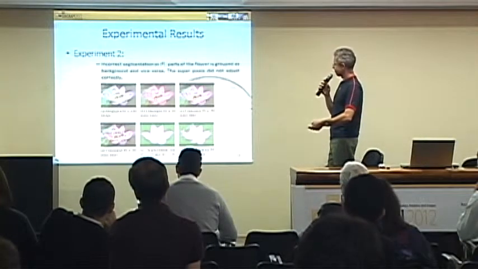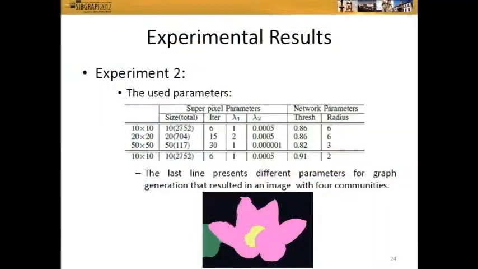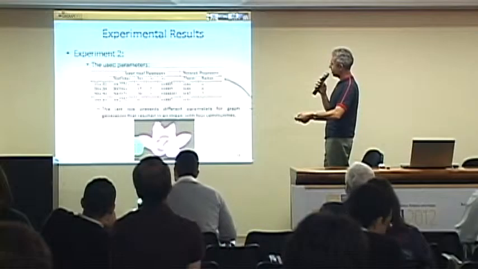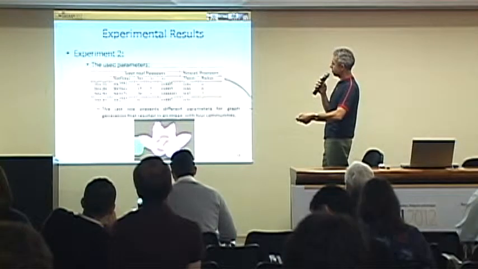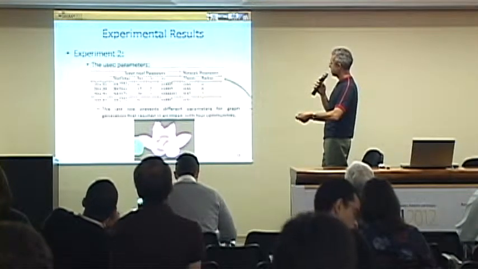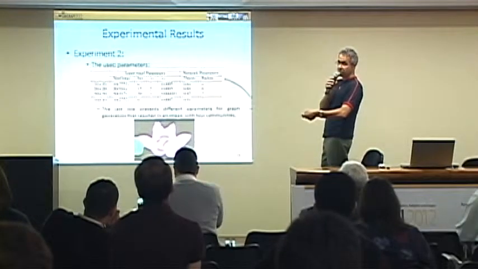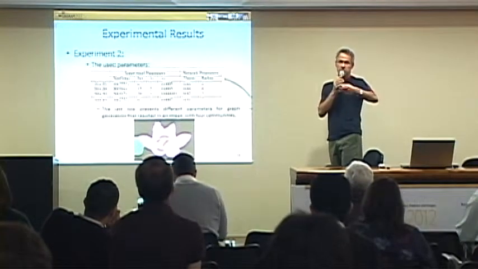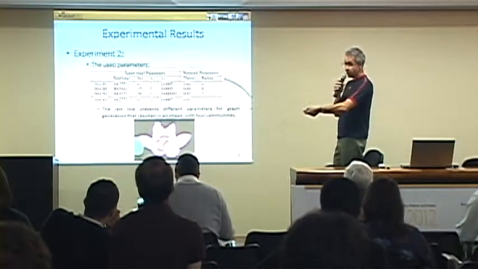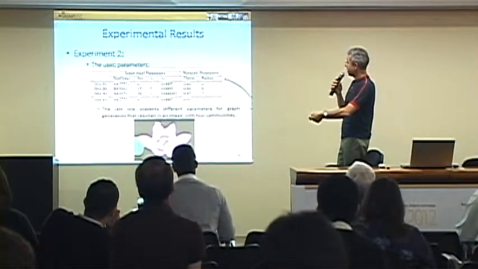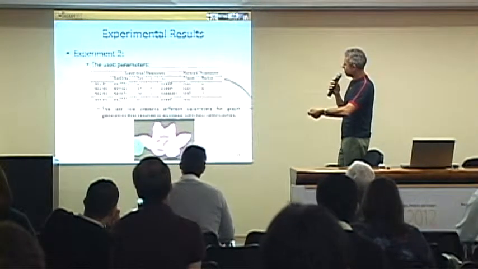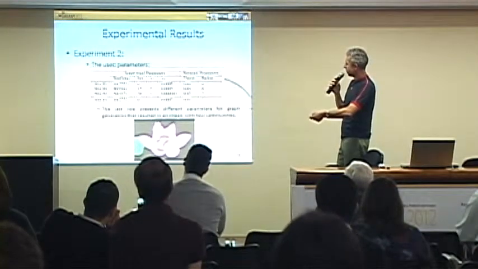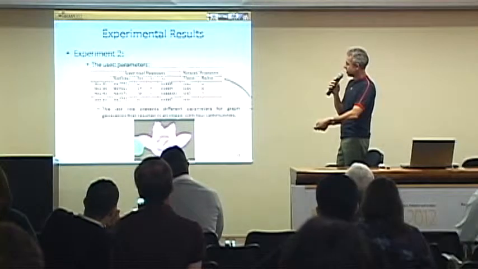One thing that we also experimented with is, what about the parameters? We fixed the 10 by 10 superpixel size and changed the network parameter, the threshold used to compute whether I should link one superpixel to the other and to define the weight of the edge. Just by changing the threshold value, we got a different segmentation.